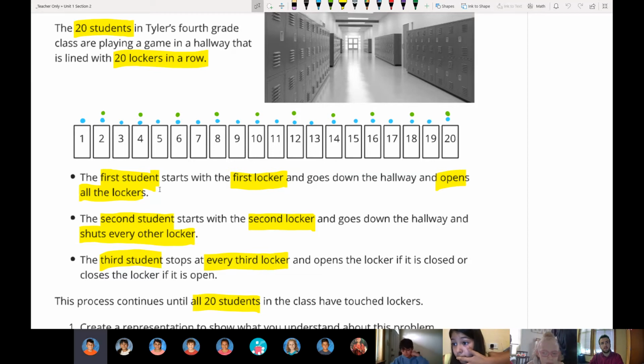Wait, do I have to speak? You can, Miguel. The third student has to touch each third locker. So every third locker. So if we're starting at 3, which lockers would I touch? 3 and then 6. Mm-hmm. Ah, my screen turned off.